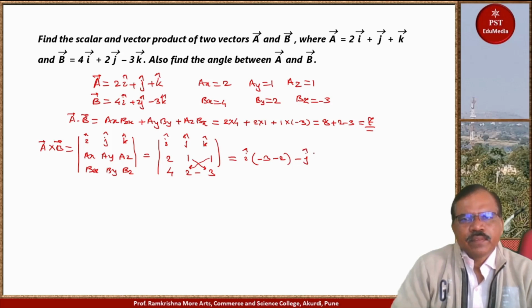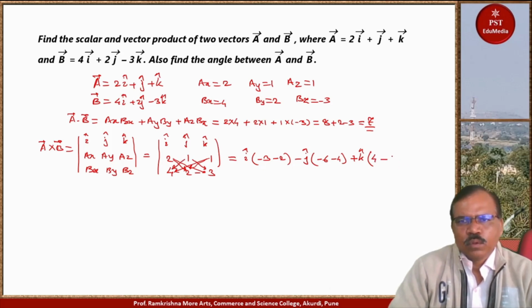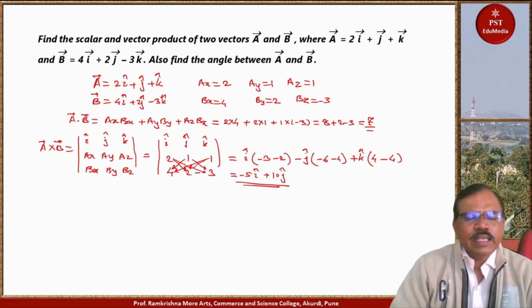Minus j: 2 into minus 3 is minus 6, and 1 into 4 is 4, so minus 10. Plus k: 2 into 2 is 4, and 1 into 4 is 4, so 0. So we get minus 5i plus 10j plus 0k. This is A cross B.